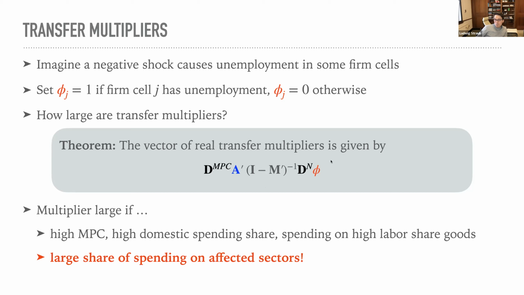But what we want to emphasize is that what also shows up here is the locations of which sectors are the ones that have positive unemployment. And so this expression suggests that if you give money to households that have a high share of spending on sectors that have relatively high unemployment, that increases the real transfer multiplier.